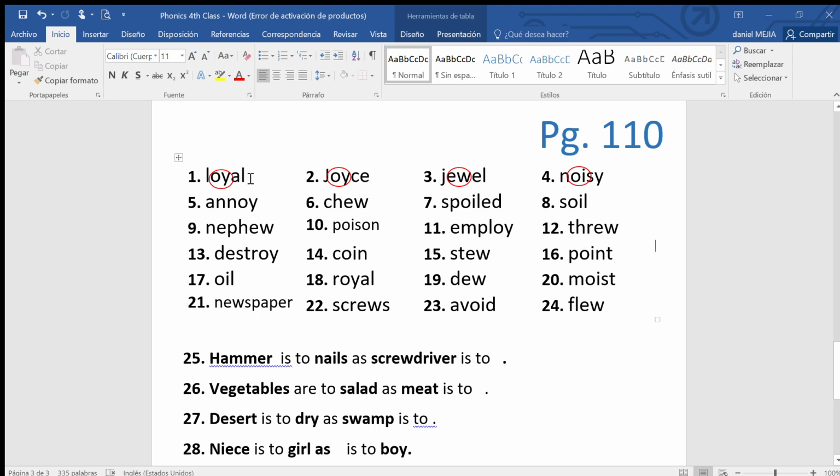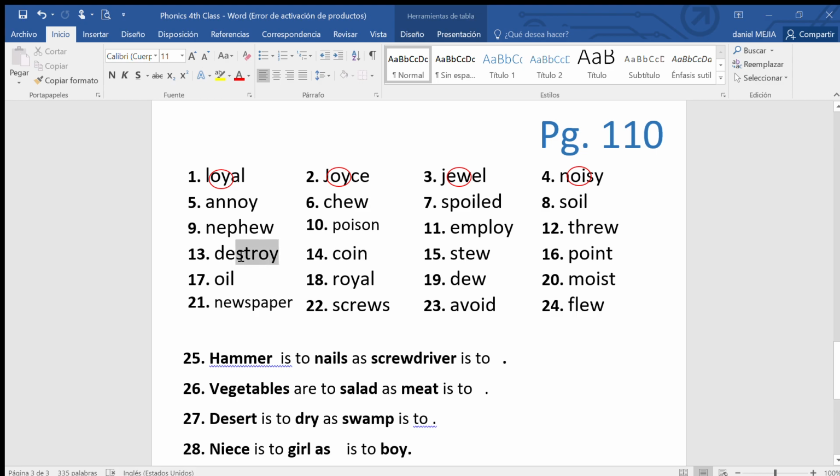So we have loyal, okay? It means faithful, remember? Annoy, when something bothers you. Nephew, for example, your mother has a sister and her sister has a son. So the son of your aunt is your mother's nephew, okay?